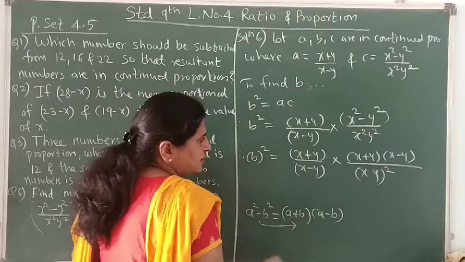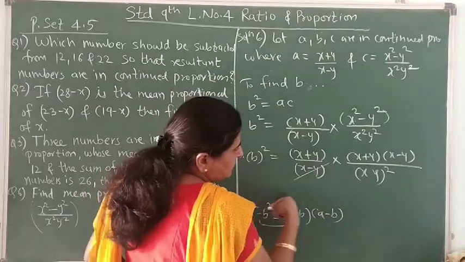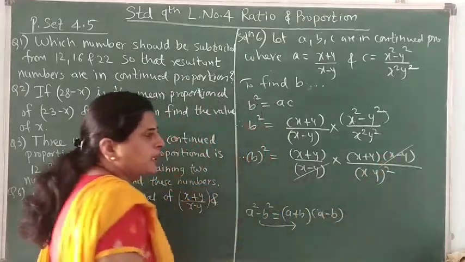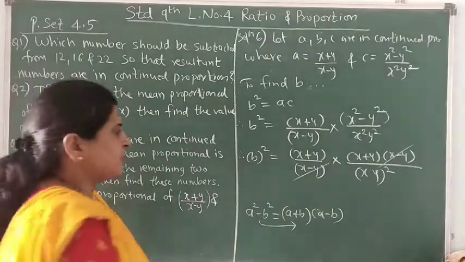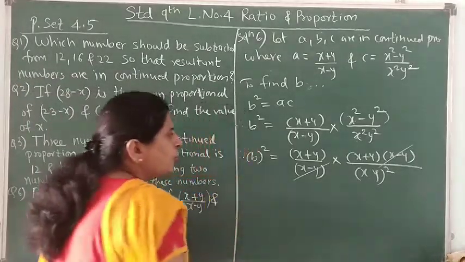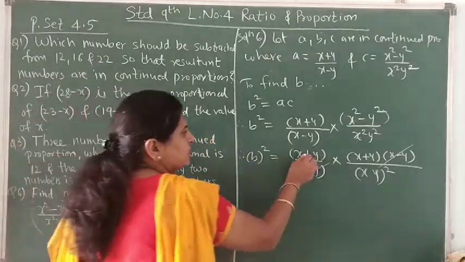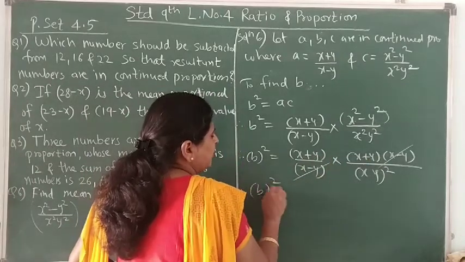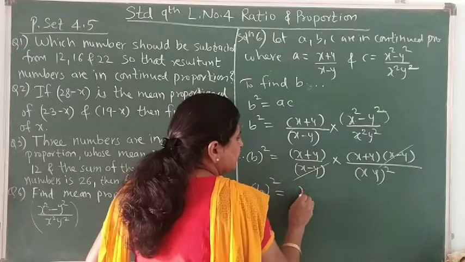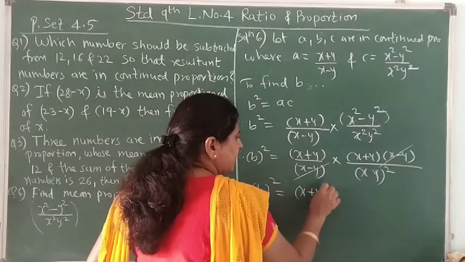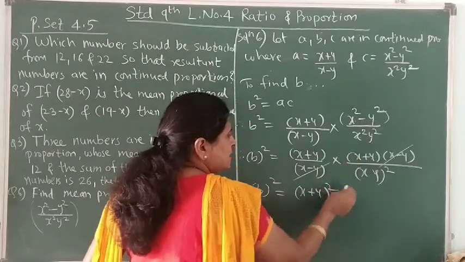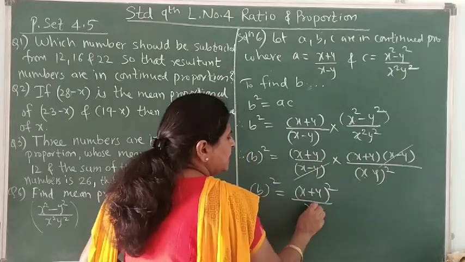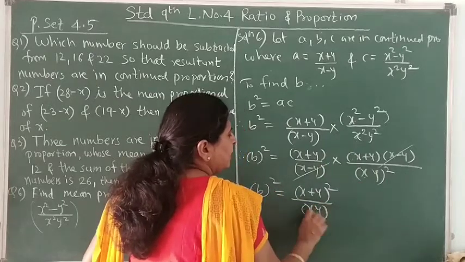Now let's cancel. We can see x minus y, the whole bracket can be cancelled with this upper x minus y. And then what is remaining over here? You can see that x plus y into x plus y. Therefore, the left side is b square, and the right side is x plus y, its bracket square, same bracket twice, and in the denominator it is xy, its square.